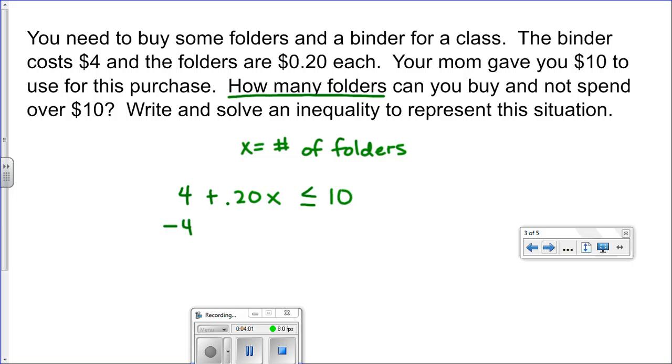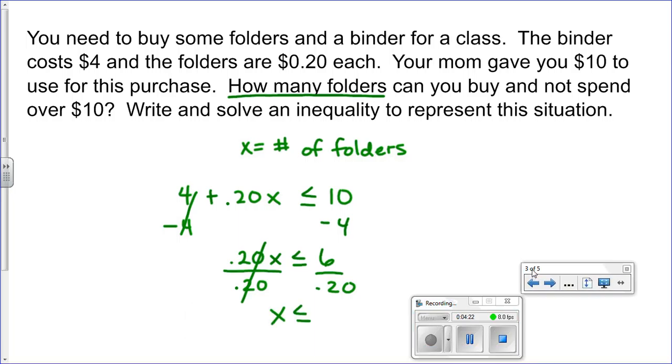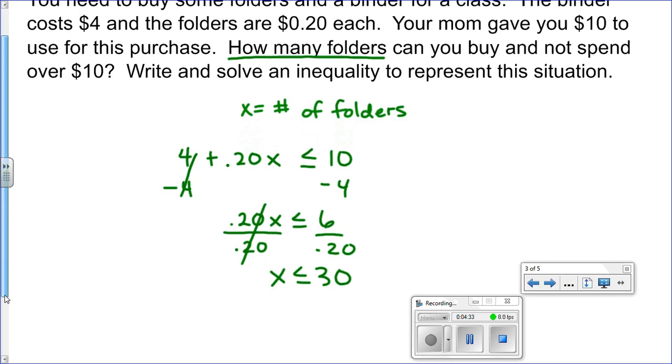Okay, let's subtract 4. And divide. And as long as I don't buy more than 30 folders, I am good.